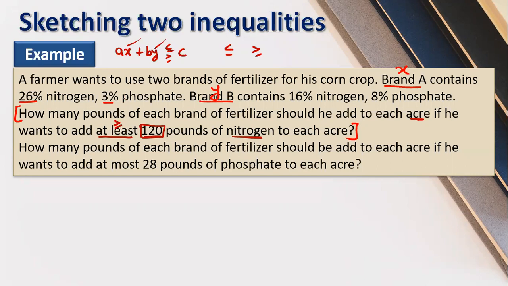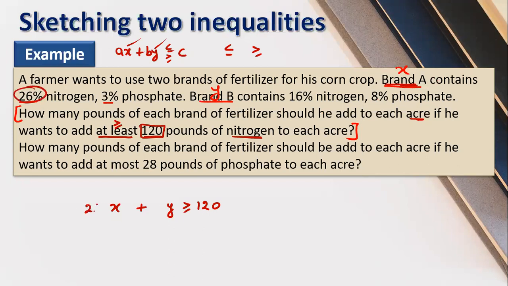So for nitrogen we have to construct an inequality, for which you know that c is 120, and you know x, and plus always, and here you will have y. These two things you need to identify. x contains how much nitrogen? 26%.